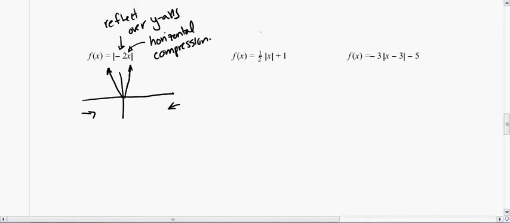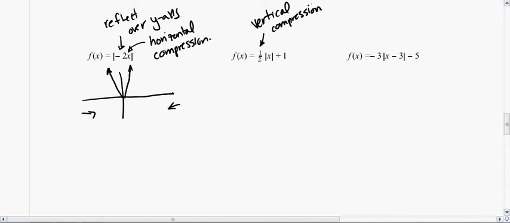Next transformation, 2 again. I've got a number that I'm multiplying the entire function by. This is on the outside, so this will be another compression, but this is going to be a vertical compression this time. Remember, if I'm multiplying by a value that's between 0 and 1, that means it's a vertical compression.